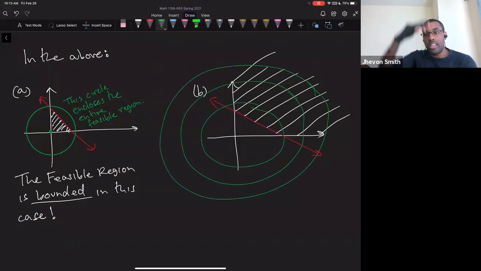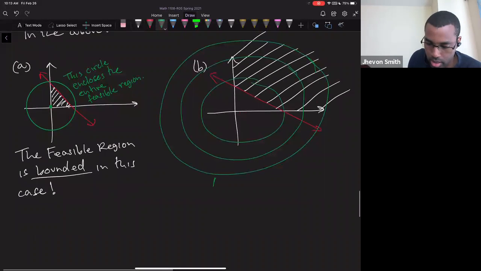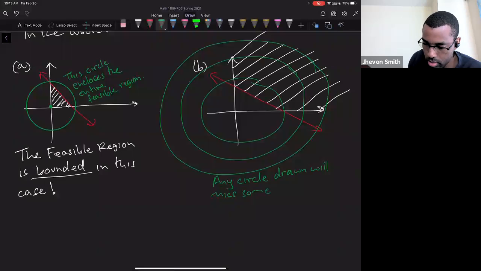There's going to be some shading in the far top right that cannot be included in any circle that I draw. So any circle that I draw is going to miss some of the shading. So the feasible region is unbounded in this case.